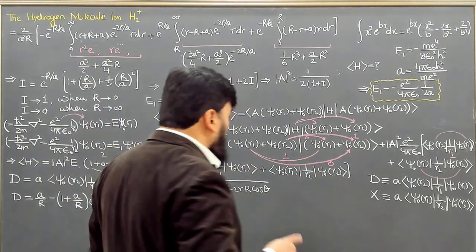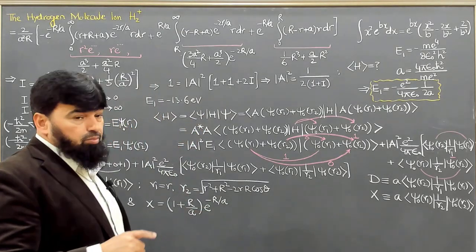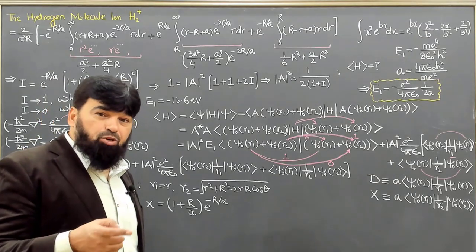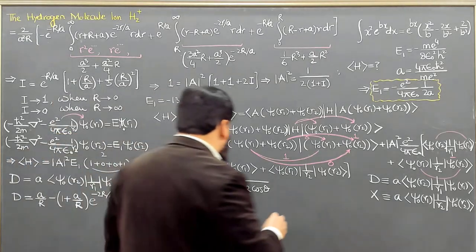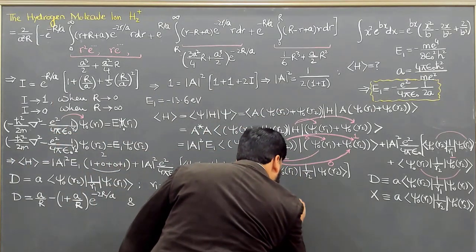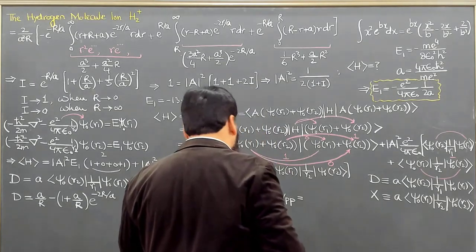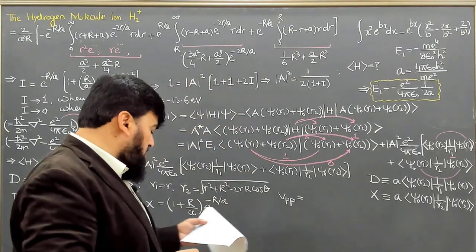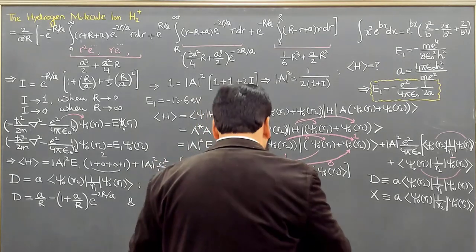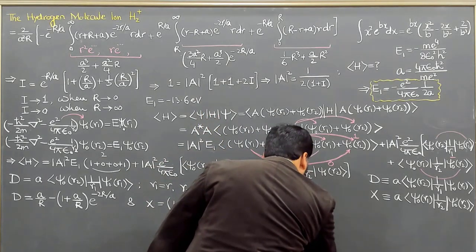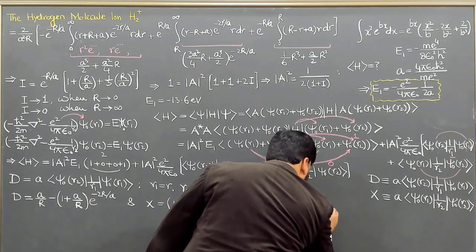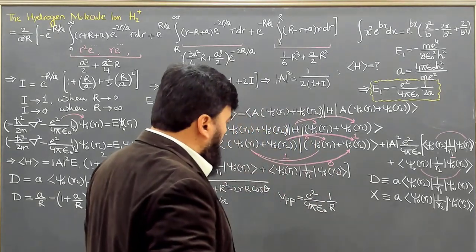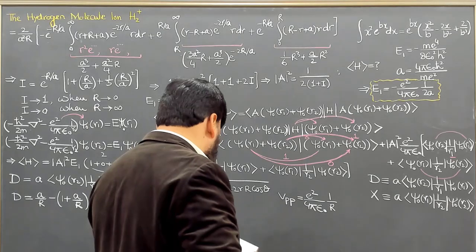From the helium ground state calculation, we had the repulsion between the proton and proton, and that was the V_pp, the potential energy due to the proton-proton repulsion. Here we have the same situation, with two protons. So if we put e square over 4 pi epsilon naught and 1 over r, because their distance is r, this is a Coulombic potential energy.